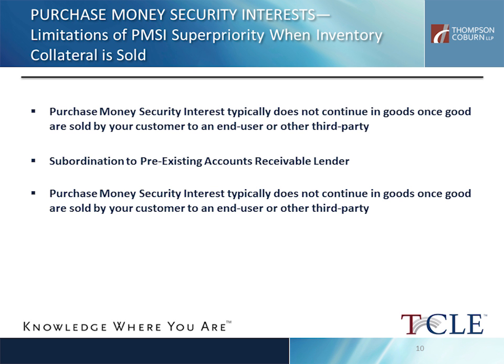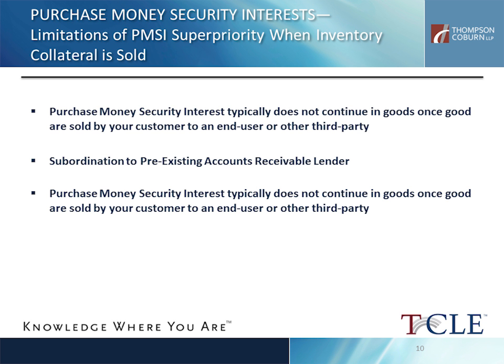However, Article 9 provides that you kind of lose your purchase money priority on that receivable, and if there's an existing lender out there that has a lien on accounts receivable, then your lien position will be subordinate to that accounts receivable lender.